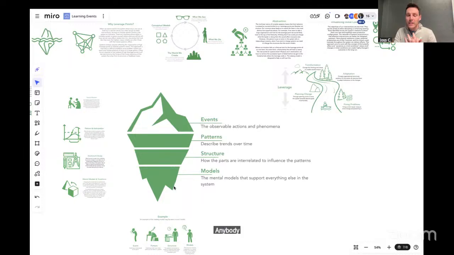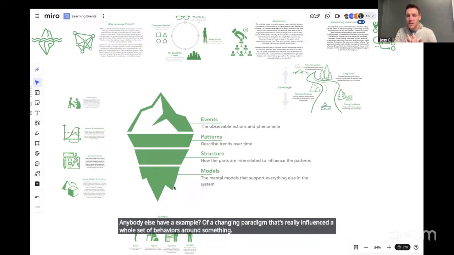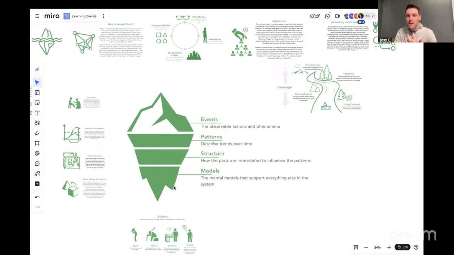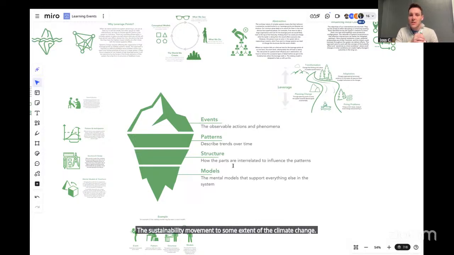Anybody else have an example of a changing paradigm that's really influenced our whole set of behaviors around something? The sustainability movement to some extent, climate change. Any other ideas? Agile movement, alcohol. Yeah, we're getting there with alcohol, aren't we?